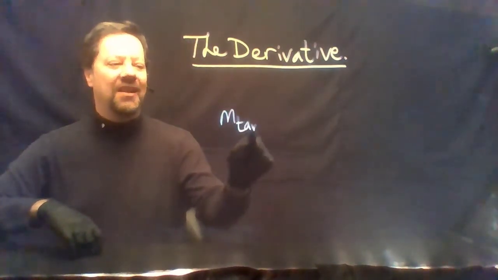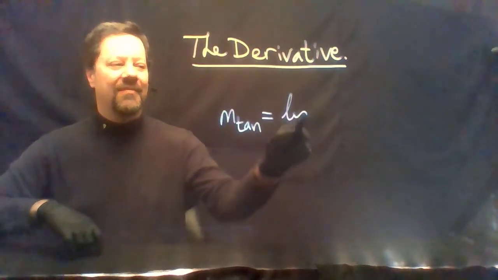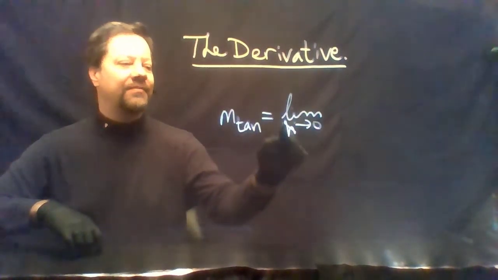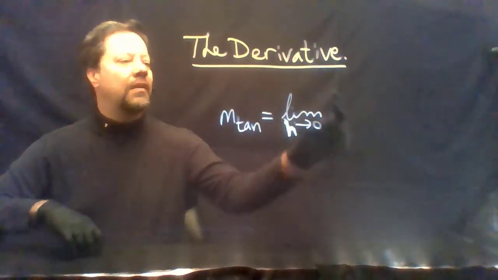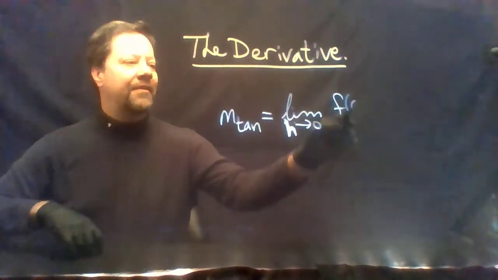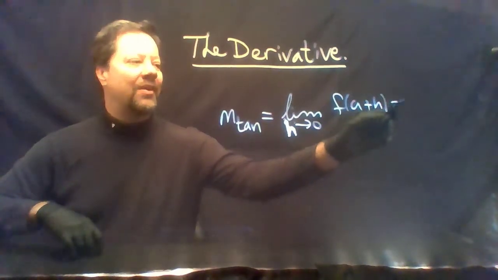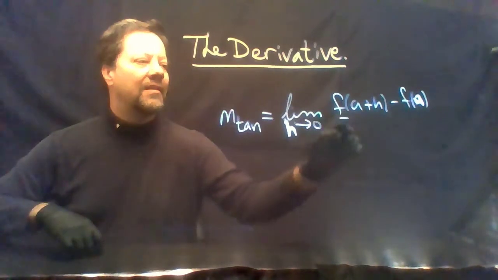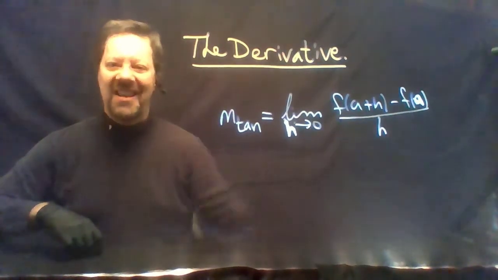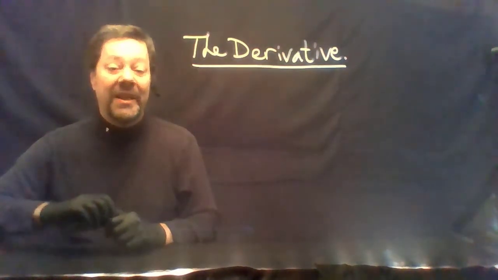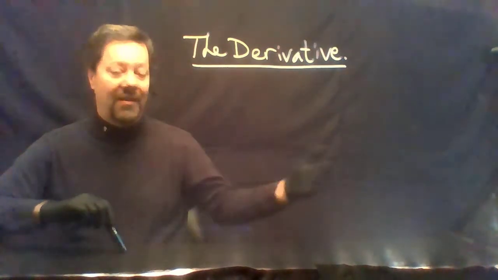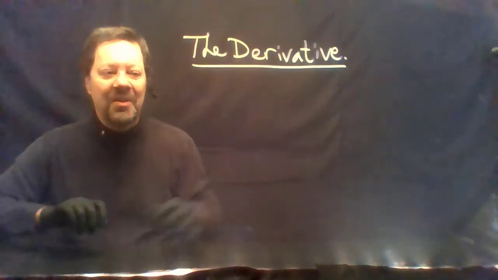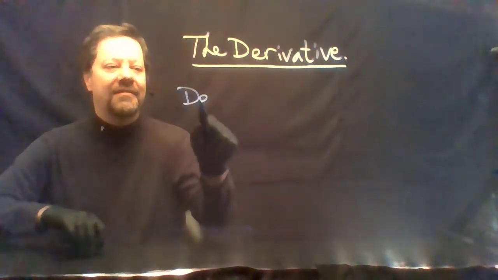The slope of the tangent line should be exactly the limit as h goes to 0 of f of a plus h minus f of a divided by h. We can do this at each a on the domain of the graph, provided the limit exists.